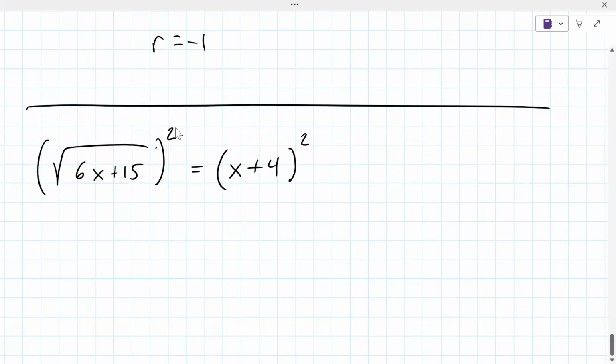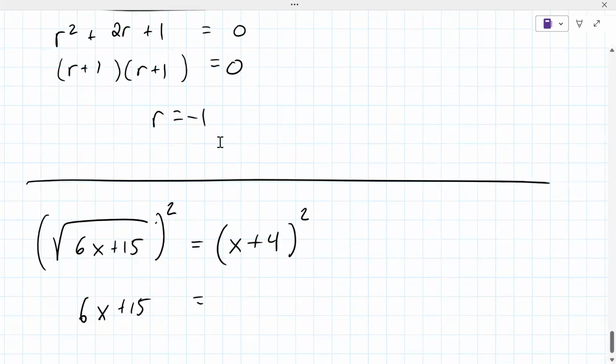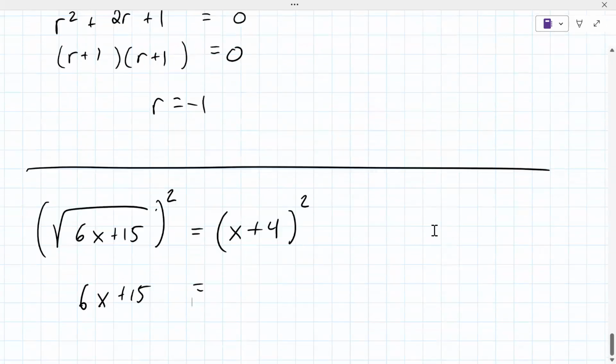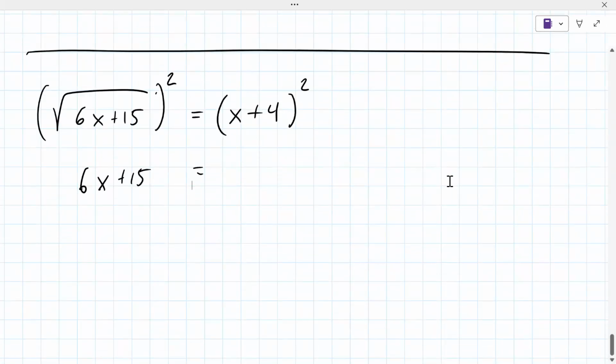Yeah. The 2 is a square. This other thing here is a square root. So I'm mostly interested in you telling me what the right side becomes. And it's just like the previous problem. You have to write it out as a binomial times a binomial and then FOIL. So could you do that for us, please?